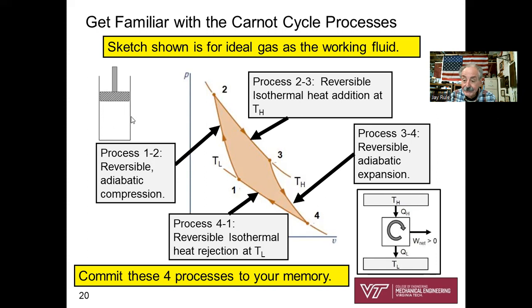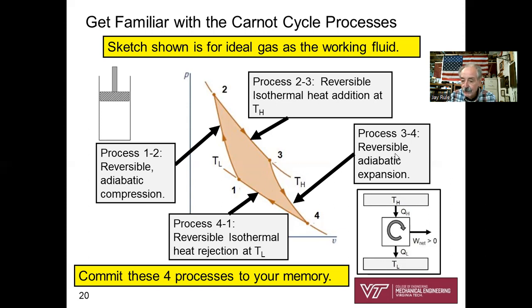But the temperature inside the piston and cylinder didn't change. If you do a little thinking, you're going to be able to think about a homework problem where that was the case. Okay, so process 2 to 3: reversible, constant temperature, heat addition.